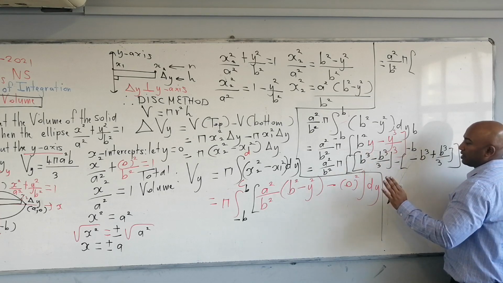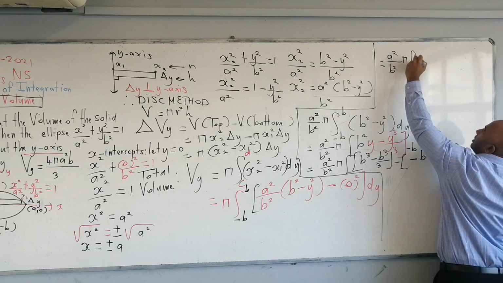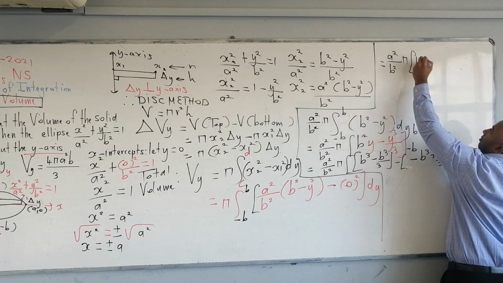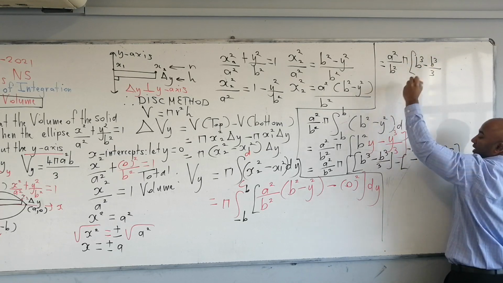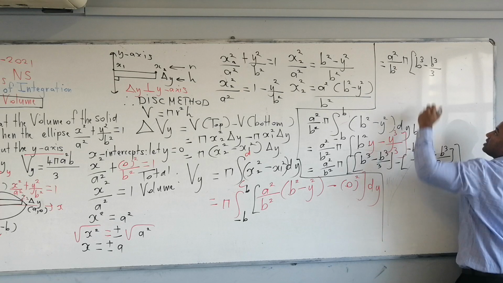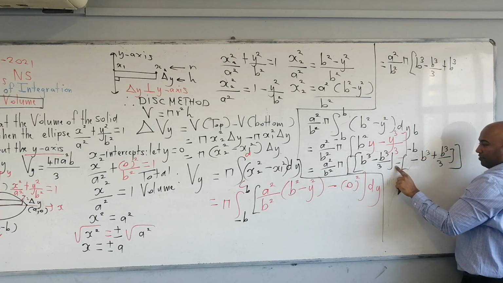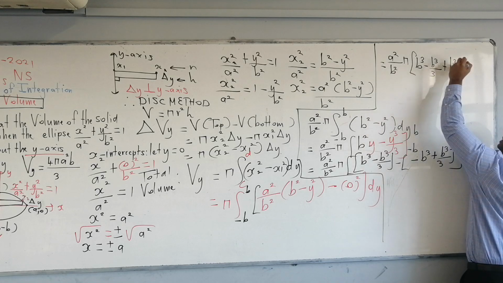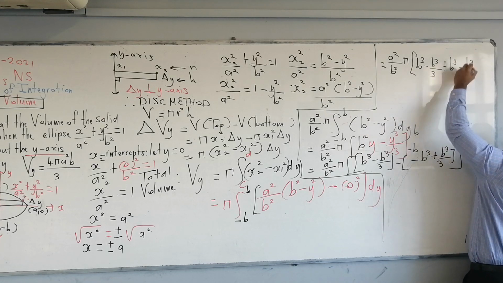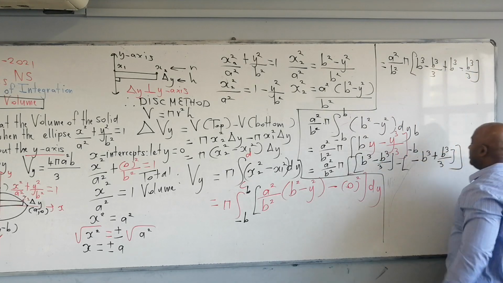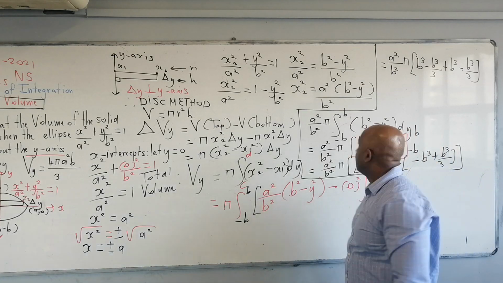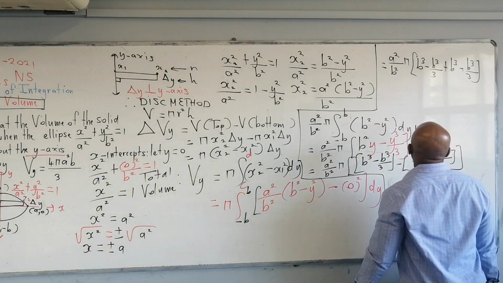Let me just remove the brackets first. So that's going to be b cubed minus b cubed over 3. Negative times negative, positive b cubed; negative times positive, negative b cubed over 3. That's all. Now, what can we do here?